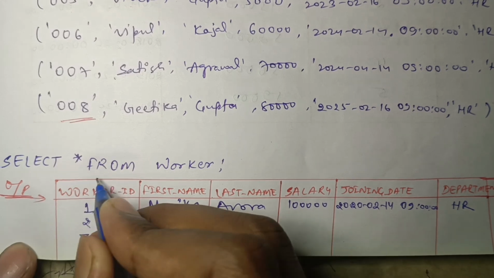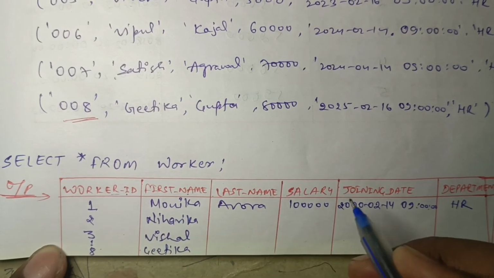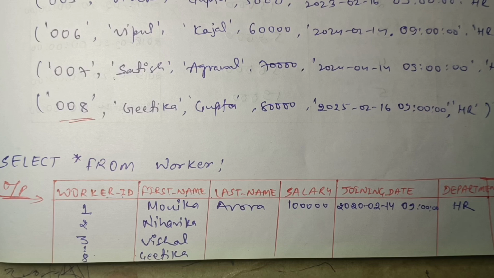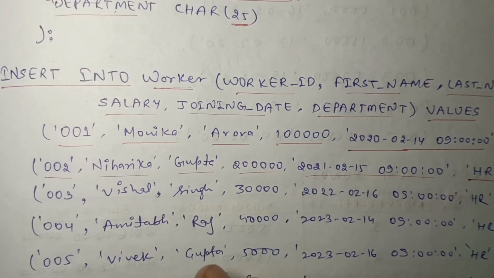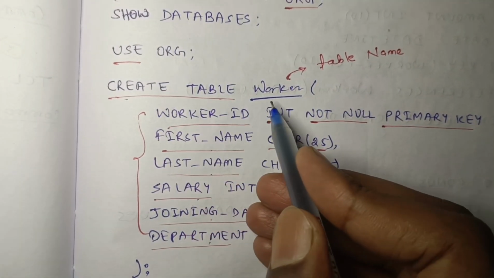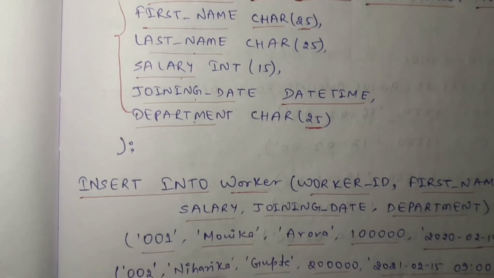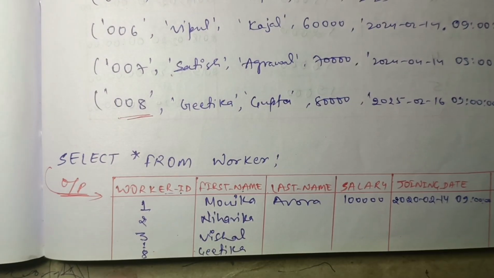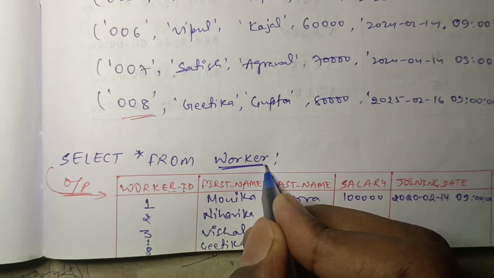So select star from worker will give the output: worker ID, first name, last name, salary, joining date, and the department. These six are our columns. As you can see here, we have created our columns by specifying them in a table. So in a table we have specified the 6 columns: worker ID, first name, last name, salary, joining date, and the department. And after that we inserted values in that. So here you can see that by this command you will get all the details stored in the worker table.